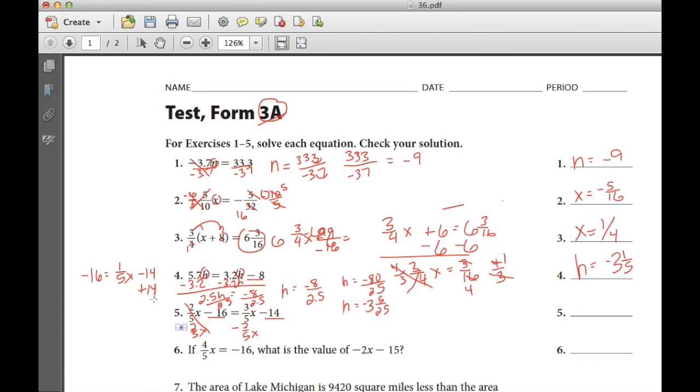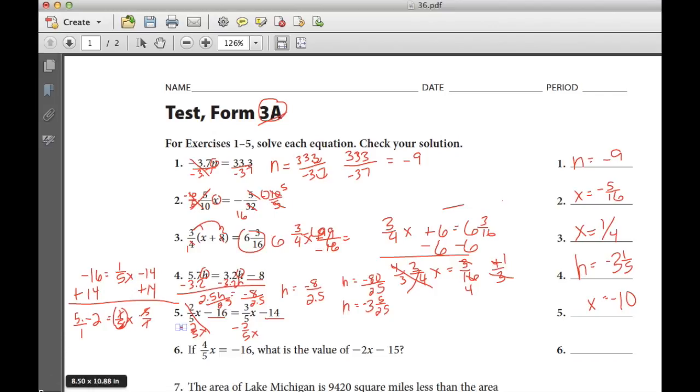Then I'm going to add 14 to both sides to get negative 2 equals 1/5 x. To get rid of the 1/5, we're going to multiply by the reciprocal so that the 5 and the 1 cancel out. Multiply by 5 over 1, and I should get x equals negative 10.